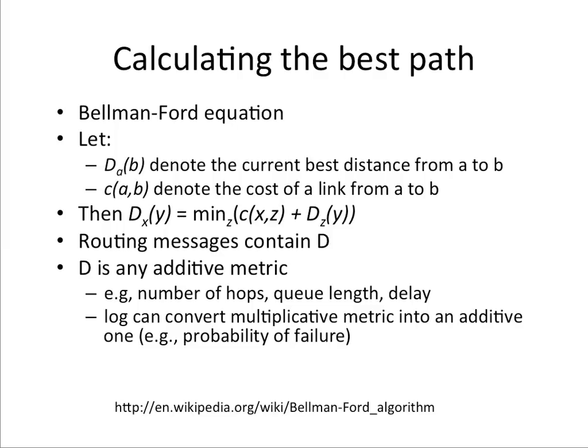What you will do is compute the path cost by taking into account the link cost to the destination through each of the neighbors from which you heard the advertisement, and pick the neighbor that gives you the minimum total cost.